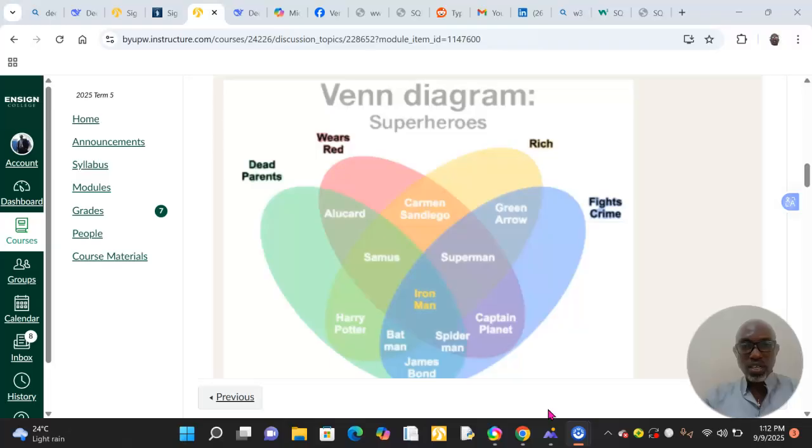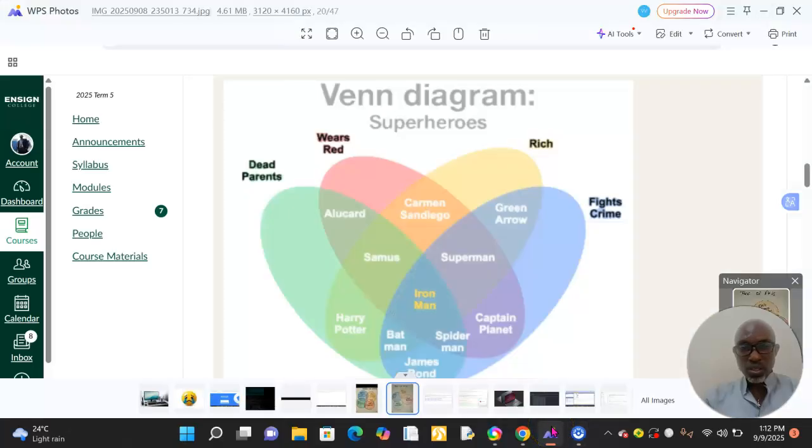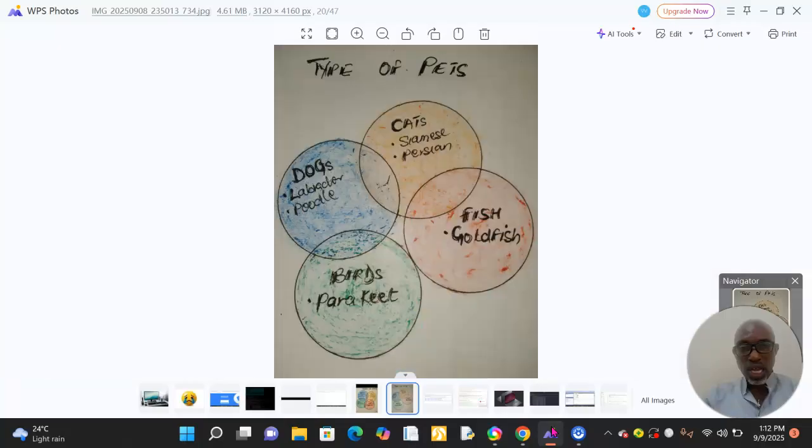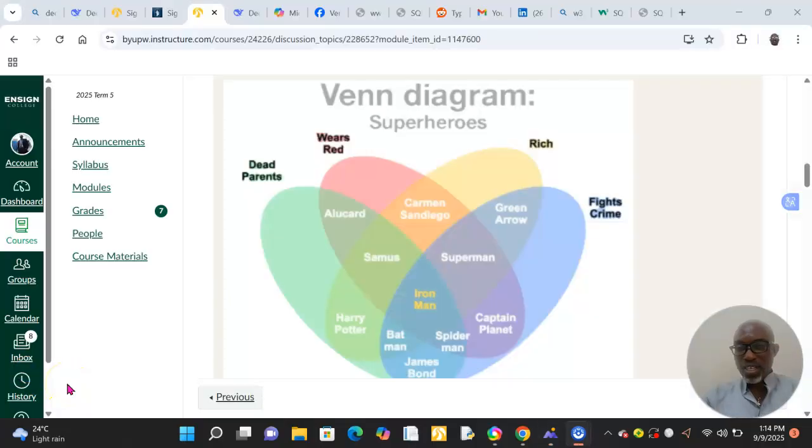Here you can see the Venn diagrams: one about superheroes, and the other about types of pets. First, let's look at the existing Venn diagram about superheroes.